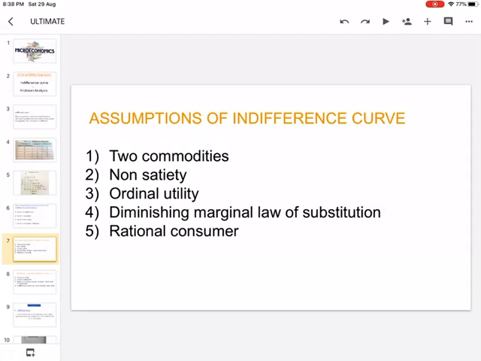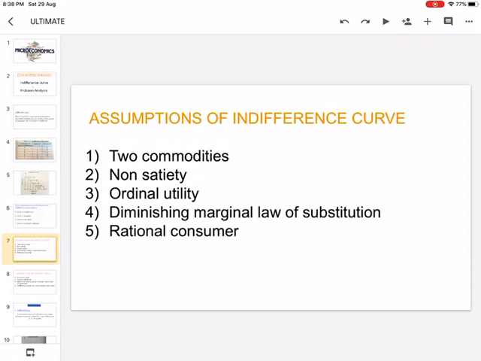Then we are talking about non-satiety, which I've already said earlier on. Non-satiety means that he wants more of the commodities. Then point number 3 is that indifference curve assumes ordinal utility, which means that the various combinations of goods can be ranked in order of preference.